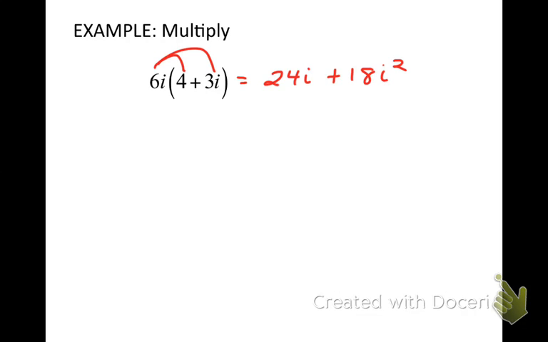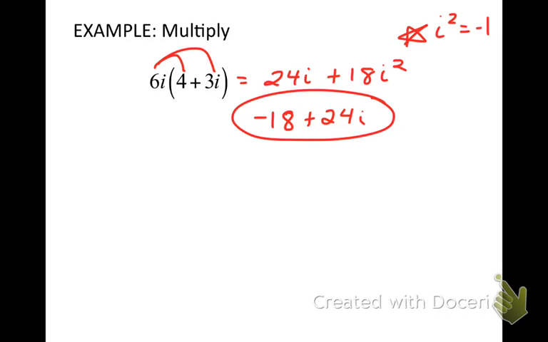But we have to remember i squared is equal to negative 1. So that means this will be 18 times negative 1, which will be negative 18. And try to get in the habit of writing your real part first, imaginary part second. So it'd be negative 18 plus 24i.